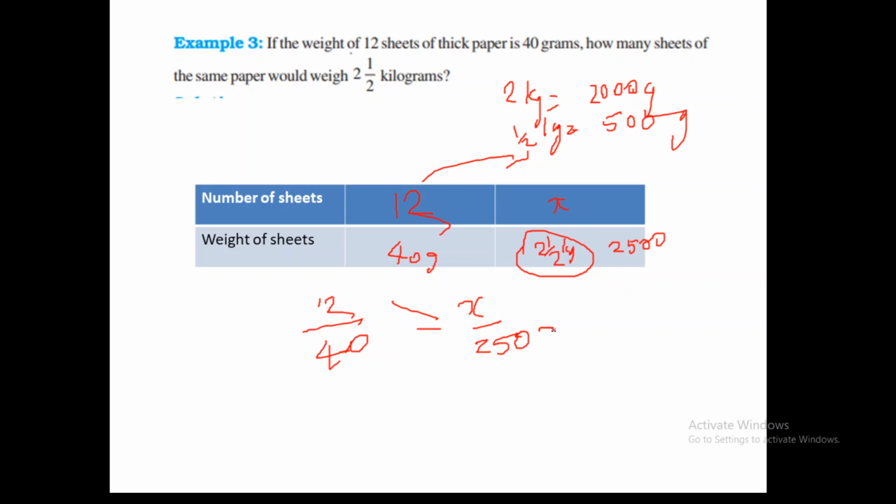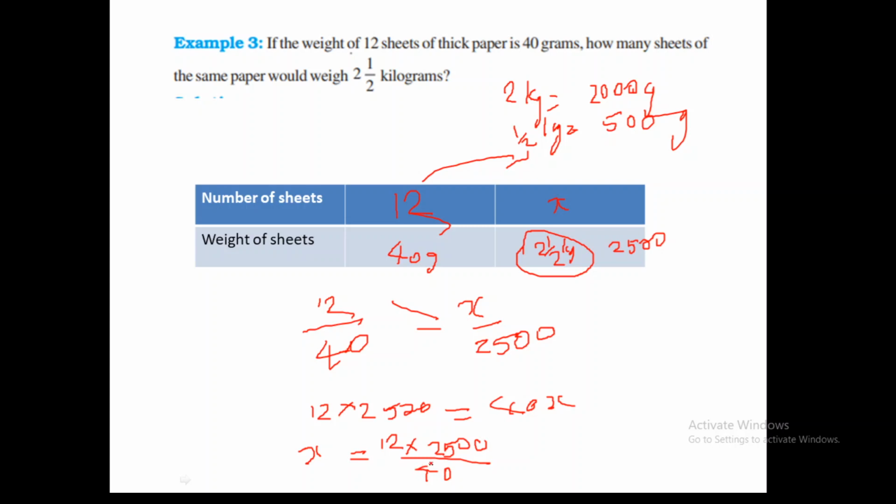Then cross multiply. That is 12 into 2500 is equal to 40 into x. Then what is the answer? x is equal to 12 into 2500 all divided by 40, right?